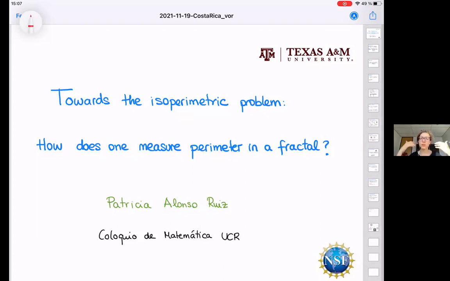So we're going to look at things like what is Hausdorff measure, what is a fractal, and I will explain to you at the very end some new ideas that we have developed, how to measure the perimeter of a set inside of a fractal. So let us start from the very beginning.